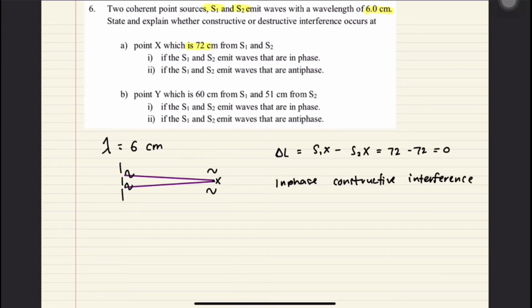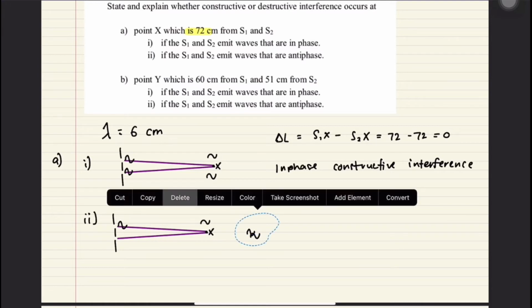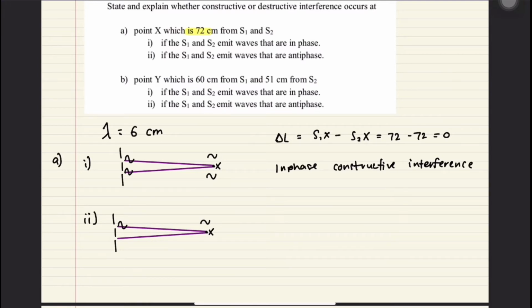This one is for A1. For A2, initially it is antiphase, so basically just copy everything. Initially it is antiphase, like one is upside down, and the other one is upside down as well.